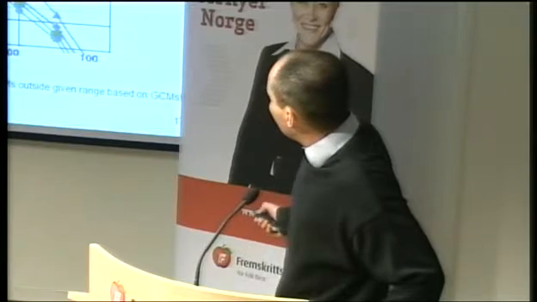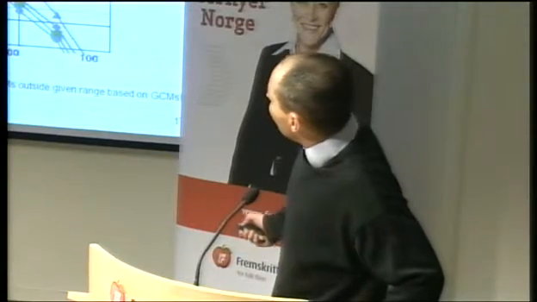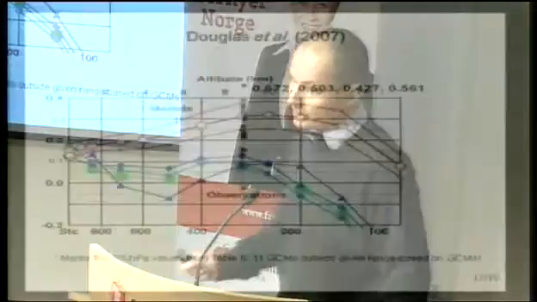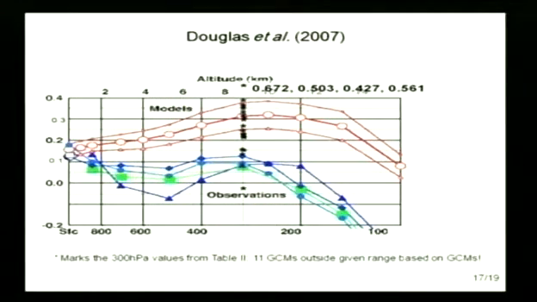This figure is figure 1 from their paper, and the red curves here show their analysis of the IPCC models. The lower curve shows the lower range of the models, and the upper curve shows the higher range of their models.